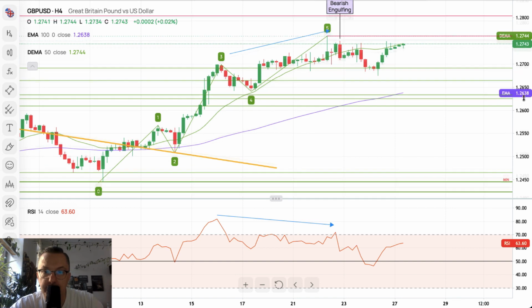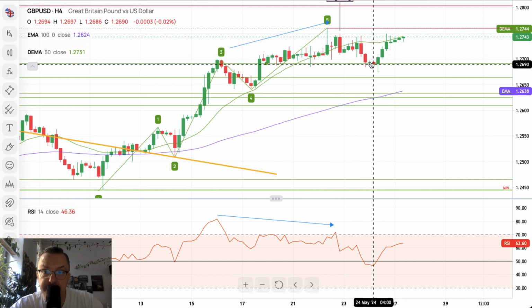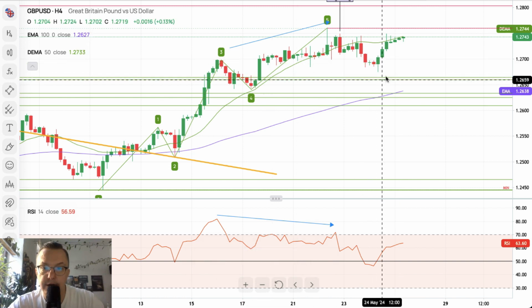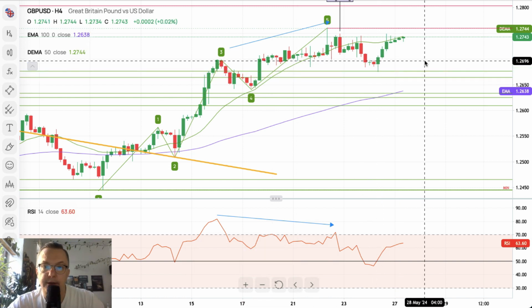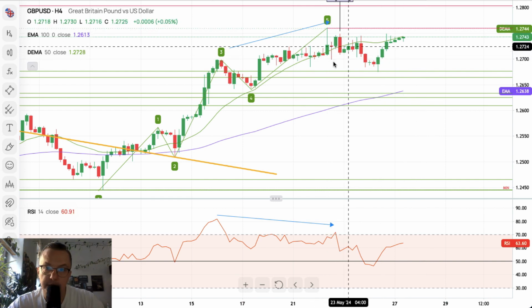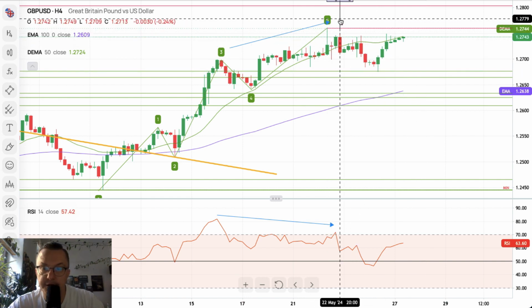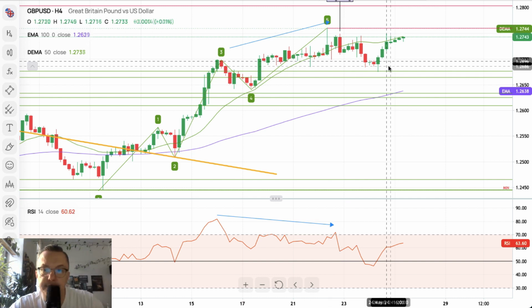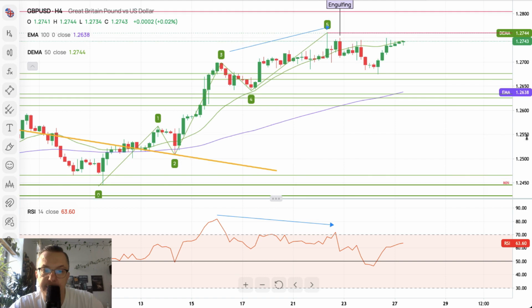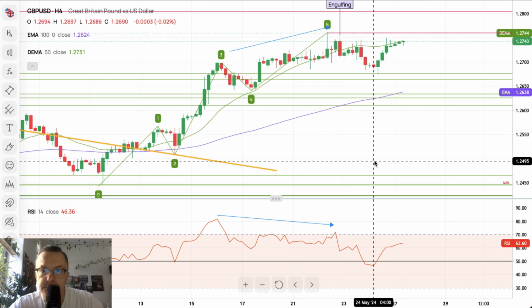Apparently this movement to the downside is not strong enough to be counted as the technical correction. B and C to the downside, okay, it's done. Nevertheless, it's still not enough in terms of percentage and time to be a valid correction.